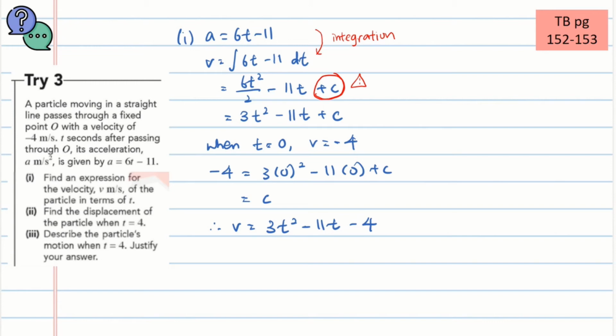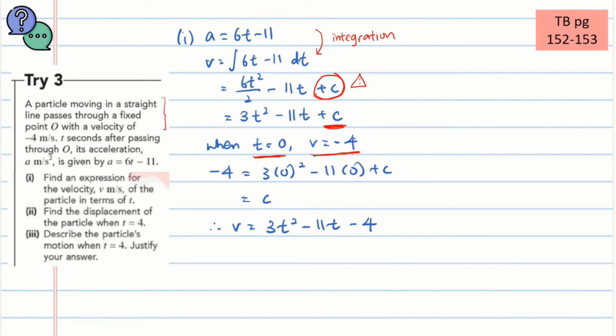So my answer will be v equals 3t squared minus 11t plus c, but it is not yet complete. I need to find out the value of c. How am I supposed to find that? Recall that right at the start of the question, we mentioned that when t equals 0, the velocity is actually negative 4 meters per second.